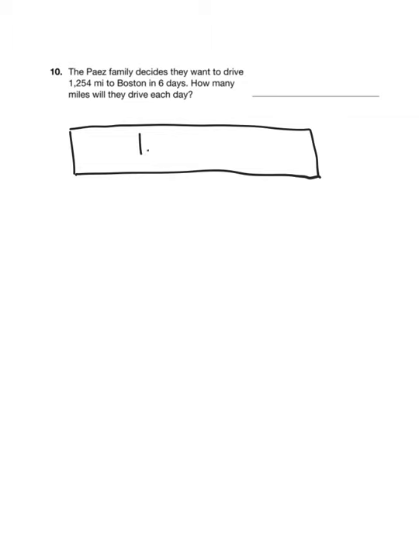Okay, number 2 asks us to think about if this family decides they want to drive 1,254 miles to Boston in 6 days, how many miles will they drive each day? So now our total, or our dividend, is 1,254 miles, and they're going to split that distance up and do the drive in 6 days.